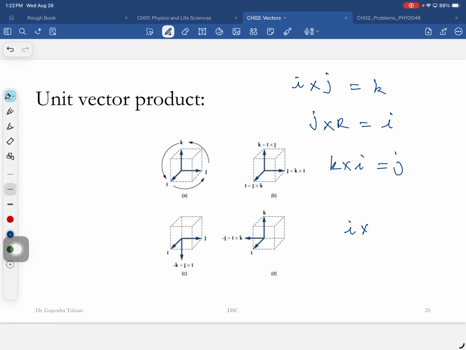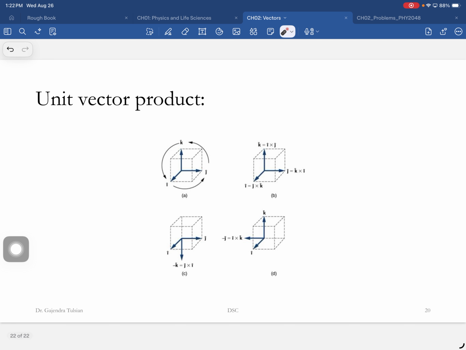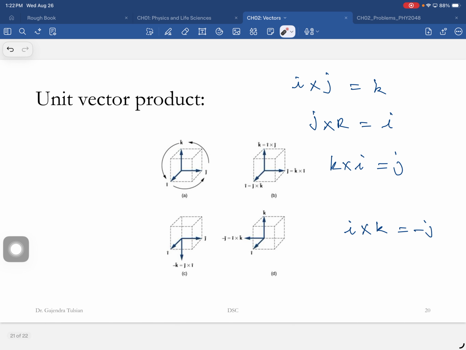What is I cross K? Minus J. Okay, and so on. This diagram shows you I cross J is K, J cross K is I, and so on.